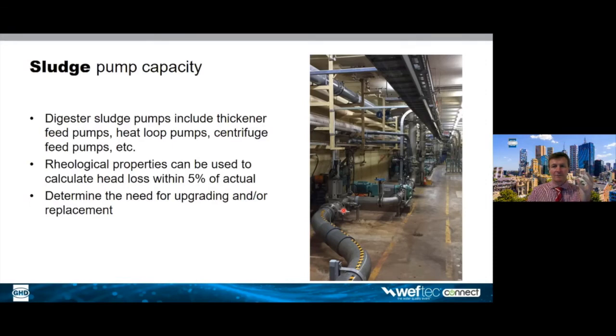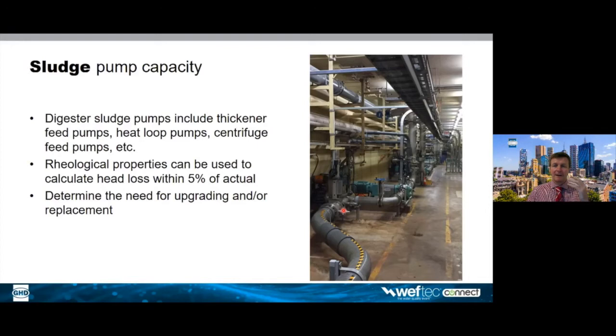We've demonstrated through some full-scale trial work that provided site-specific rheological data is collected, provided the correct fluid model is applied, and that the rheological properties are determined accurately from the model and from the data, that the head losses that are calculated during design can be within 5% of those actually observed on site.